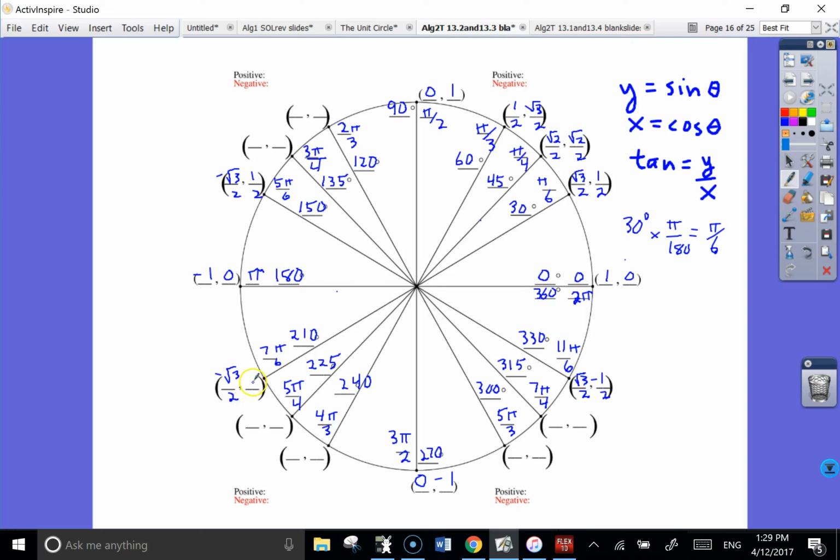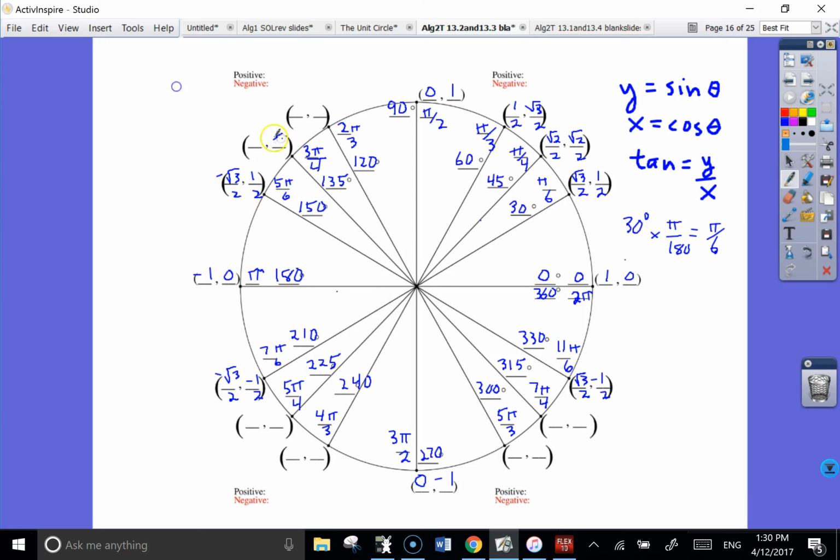Negative 1/2. Okay. So you could do that just spreading them around. You could also, like I said, if I just start here, I'm at pi radians, 180 degrees. If I start with 0 there, then this is 1/2.